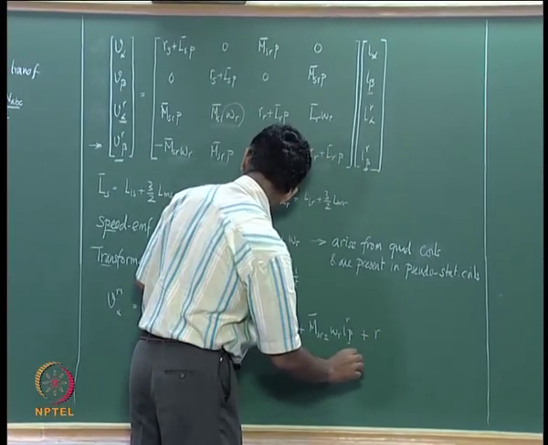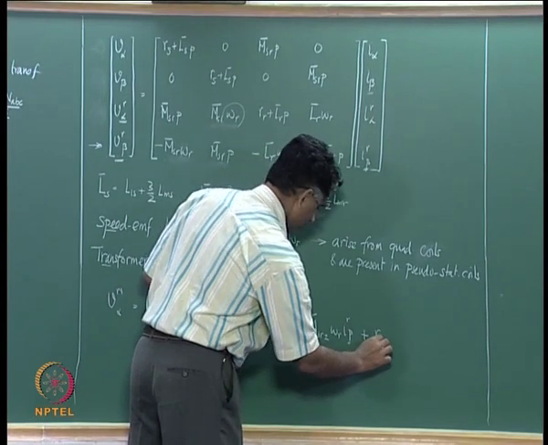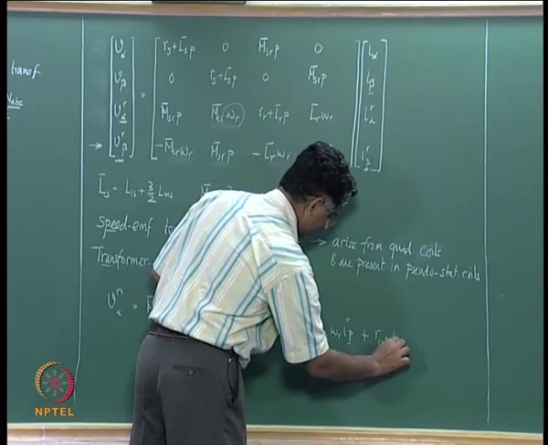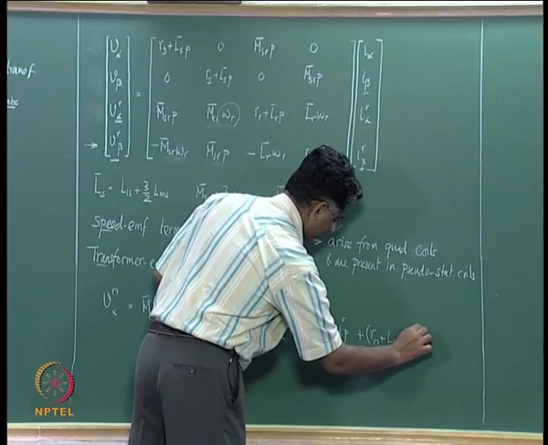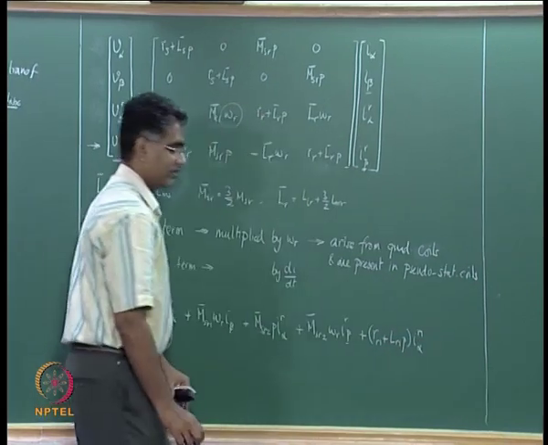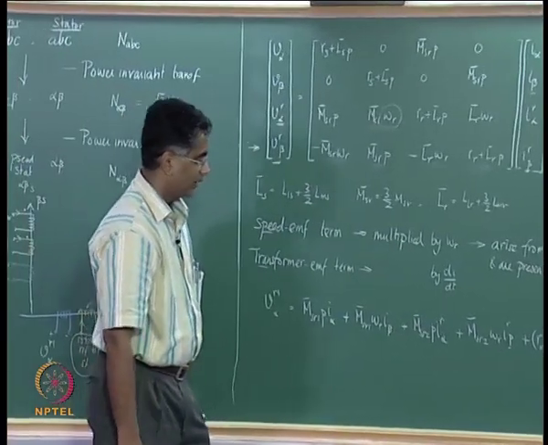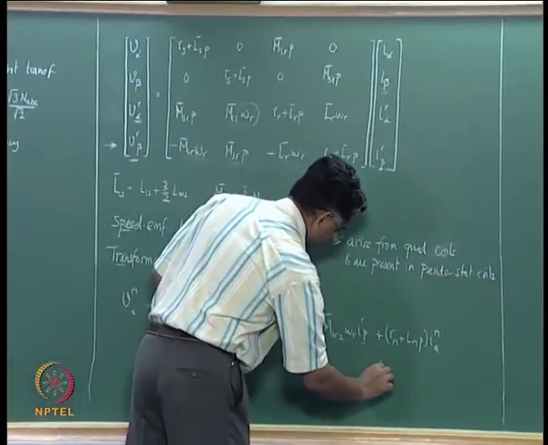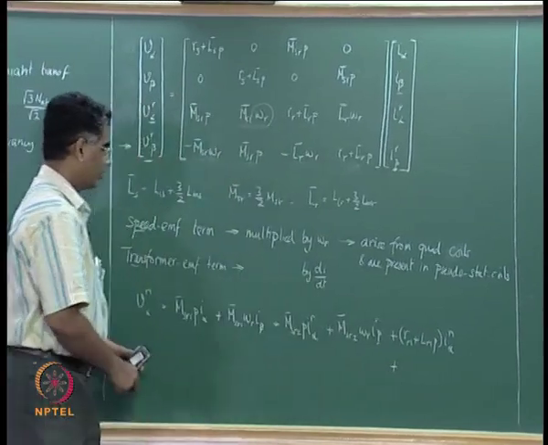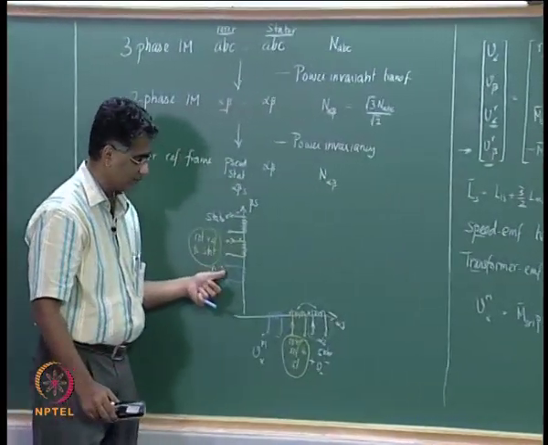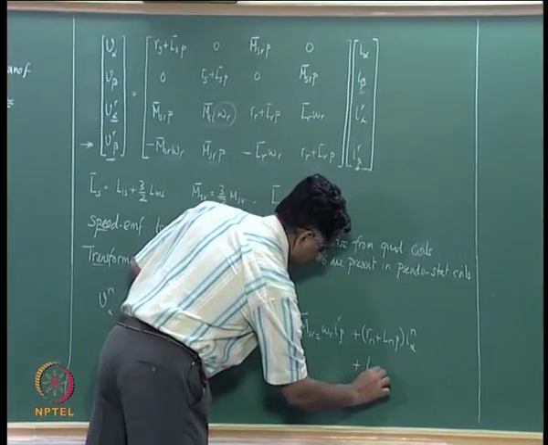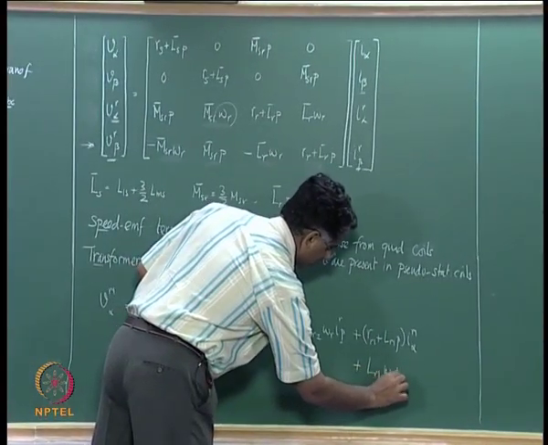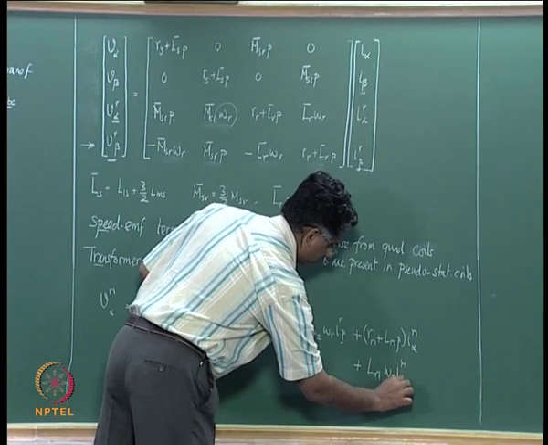So, RR1 plus LR1 into P times IR1 alpha, this is the self term, and then it would also have a speed EMF term due to the flow of current here, and that is LR1 multiplied by omega r into IR1 beta.